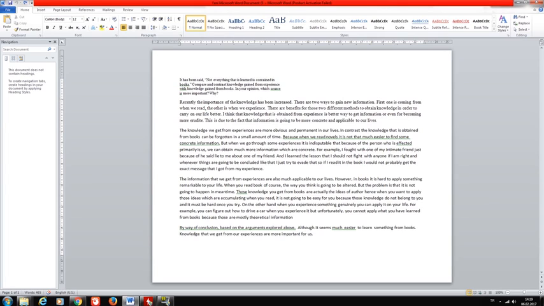Basically, it's a compare and contrast essay. Either you're comparing, or you're only talking about the similarities, or you're doing both. So it's up to you if you want to talk only about the similarities or the differences, or in one body paragraph you can talk about the similarities and in the second body paragraph you can talk about the differences.